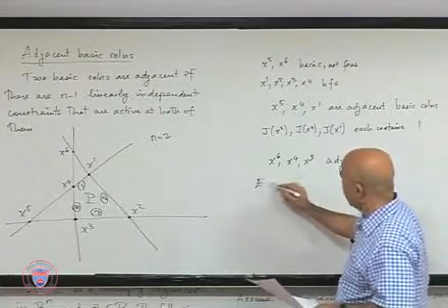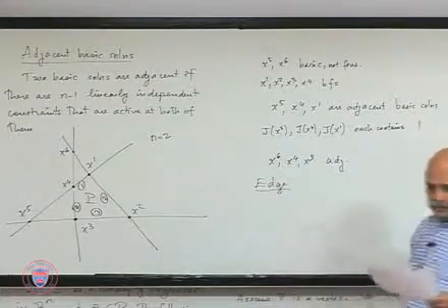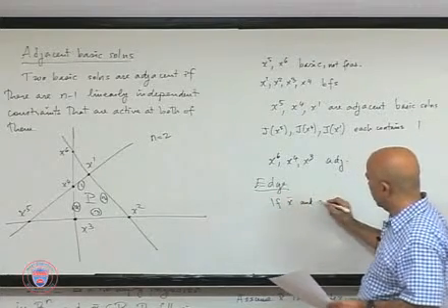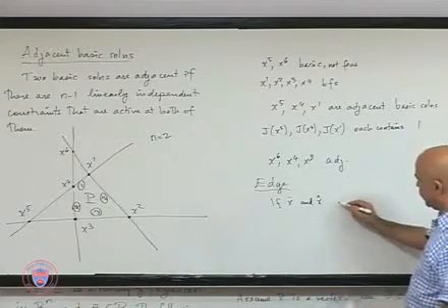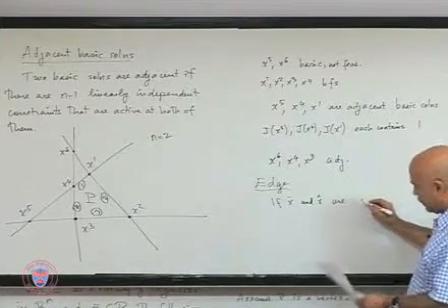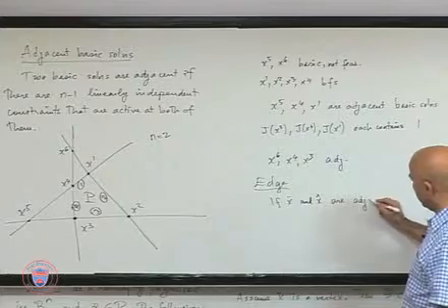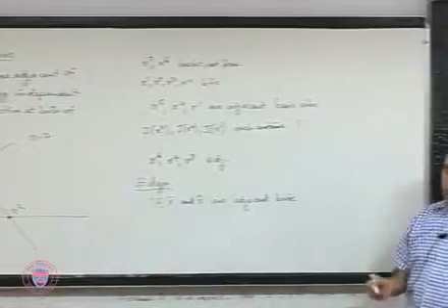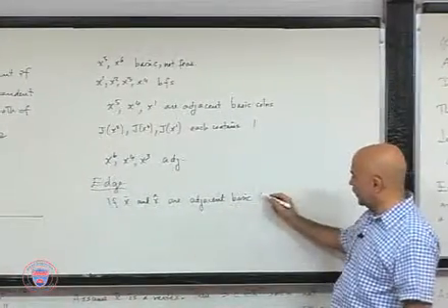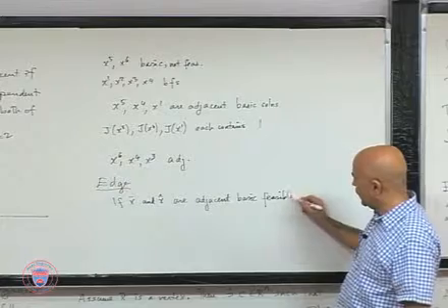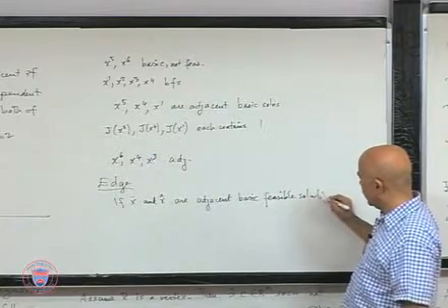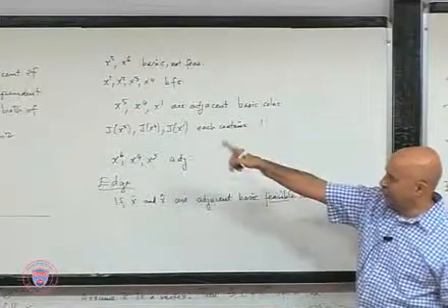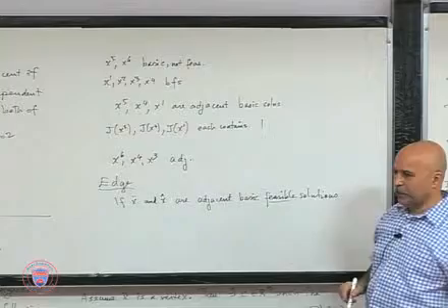Let me also define edges here, or edge. If x bar and x cap are adjacent basic solutions, and if they are also feasible, so if they are adjacent basic feasible solutions, so in the previous one we did not really talk about feasibility.